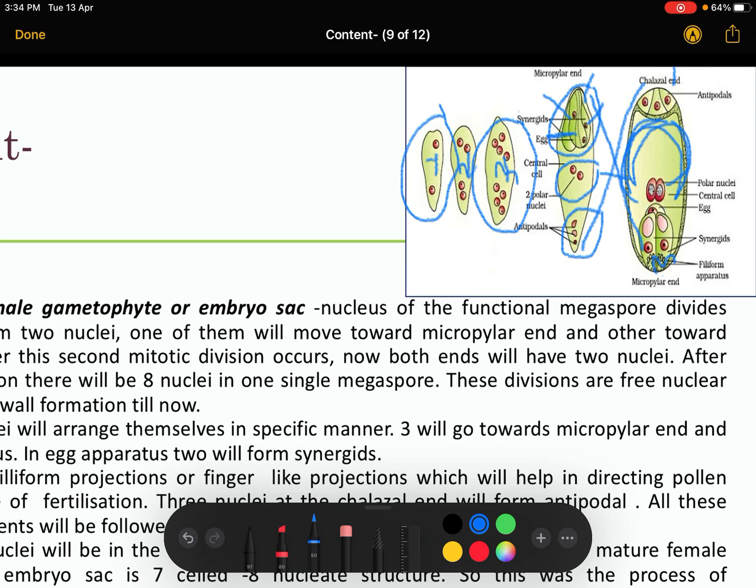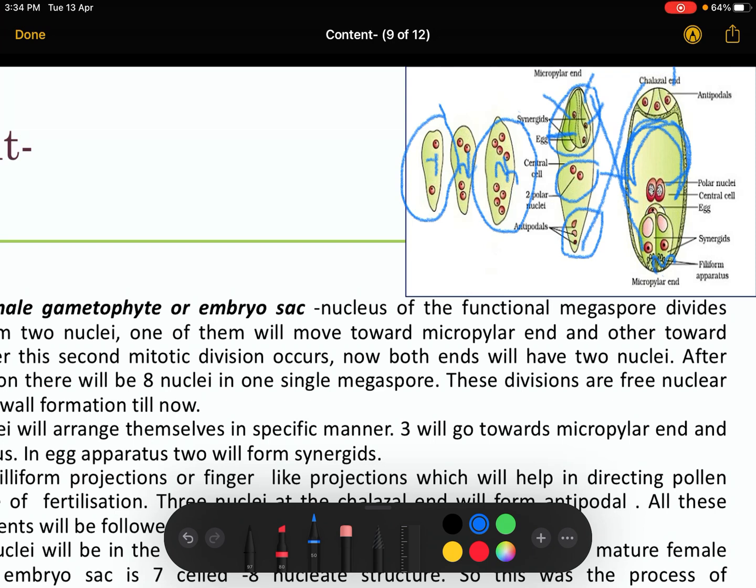So, how many nuclei are present here? 8 nuclei. How many cells are present here? 7 cells. How? 3 towards the chalazal end, 3 towards the micropylar end, that is 6, and 1 is the central cell, so 7 cells, 8 nucleate.